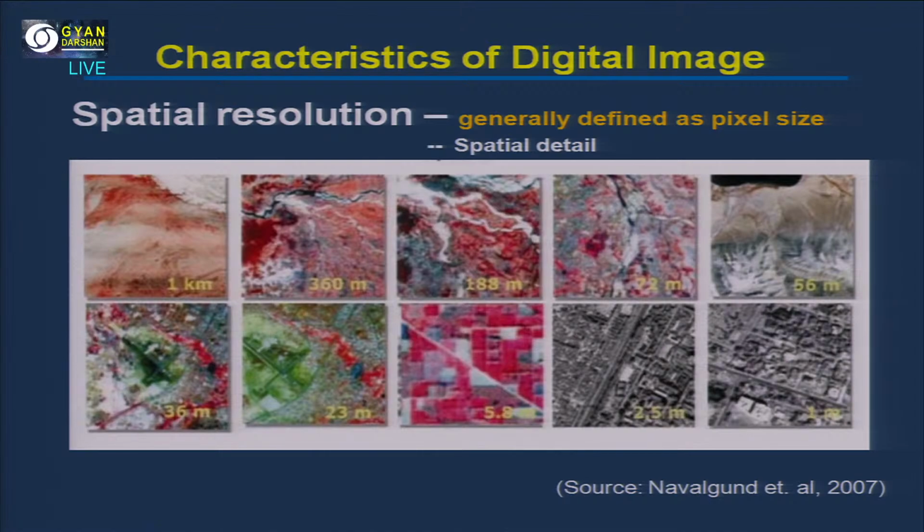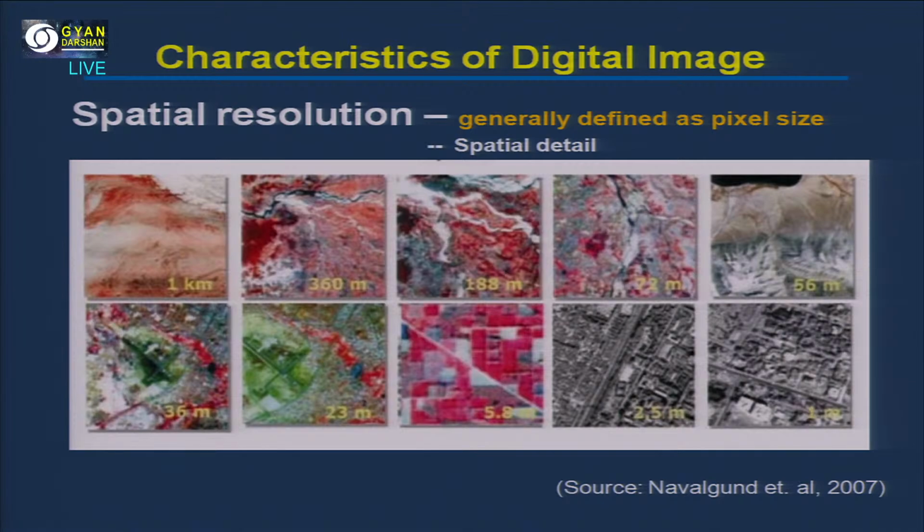It is commonly measured in units of distance like centimeter or meter. In other words, spatial resolution is a measure of the sensor's ability to capture closely spaced objects on the ground and discriminate them as separate objects.